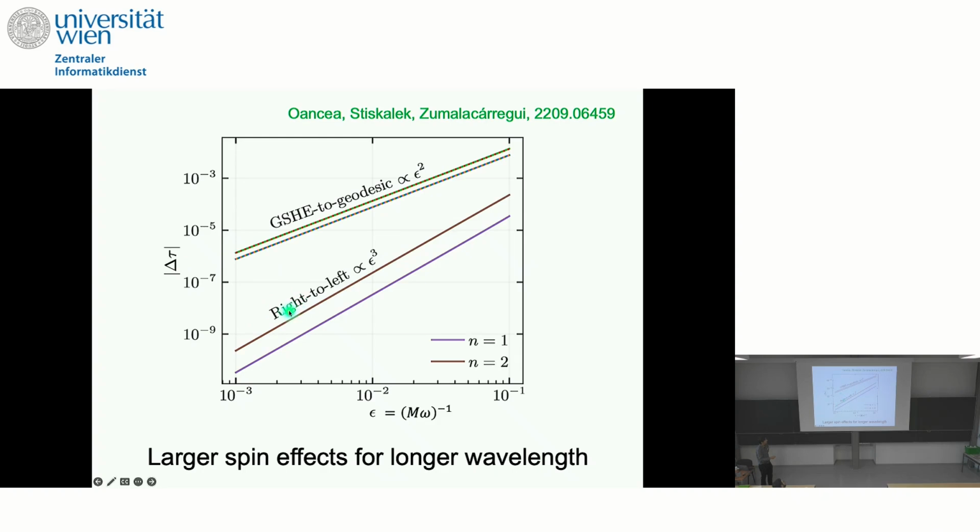This is the difference between right-hand polarization and left-hand polarization, the gravitational spin Hall effect, relative to the non-GSHE geodesic case. This difference is growing and growing for longer wavelengths. So it's natural to expect that this continues, but maybe not diverging. If we can consider this kind of quantity in wave optics analysis, I think that's very interesting.